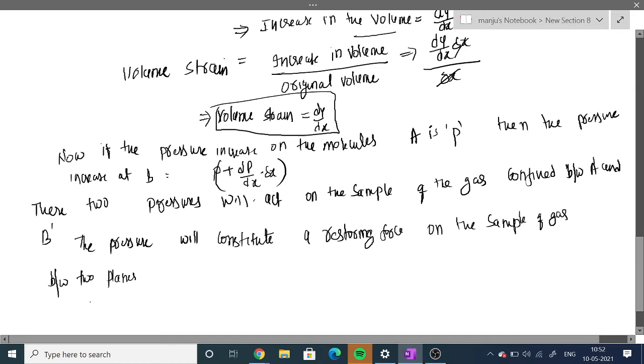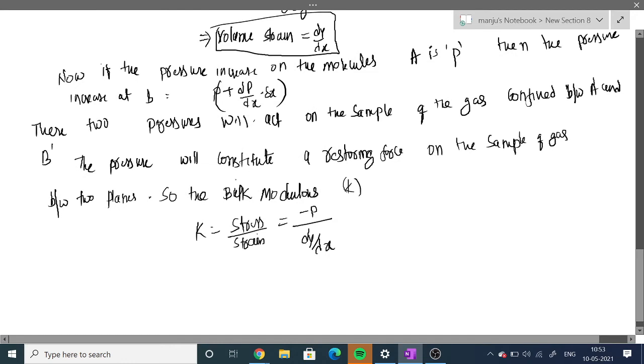So the bulk modulus, you have studied the bulk modulus in the last semester. The bulk modulus K is given as stress by strain. The stress is my pressure, and we can see that it is minus P. The strain, we have seen, is dy by dx.